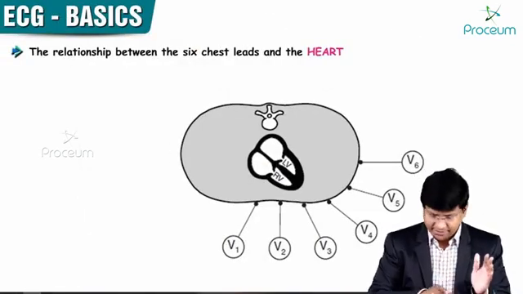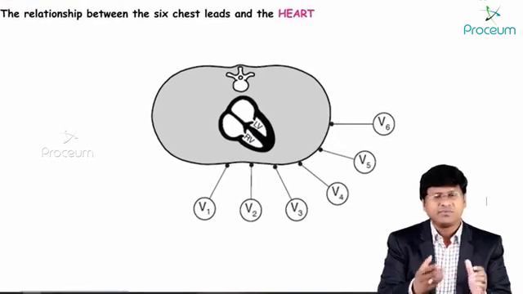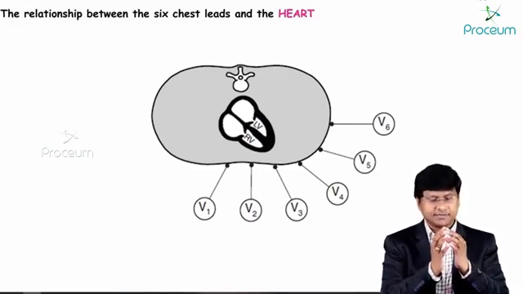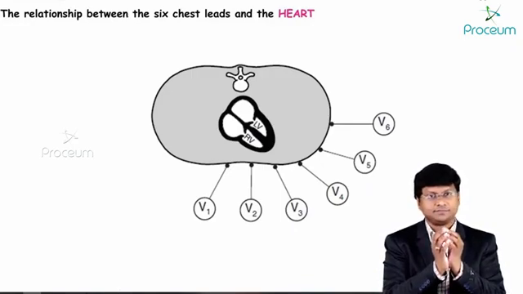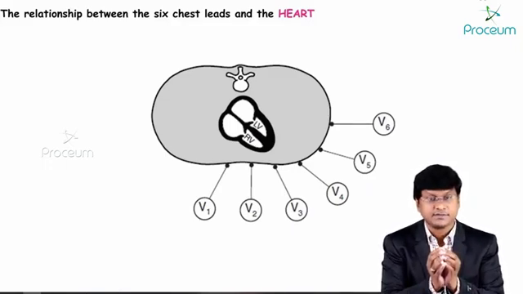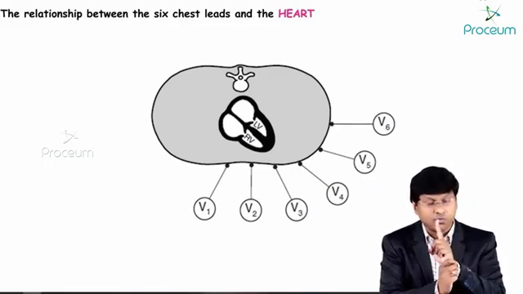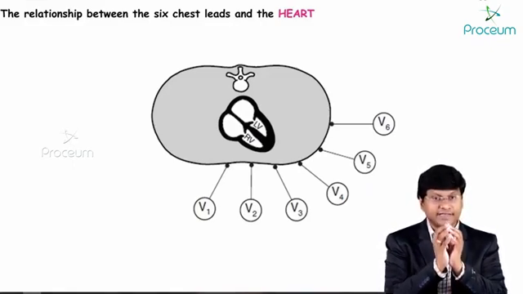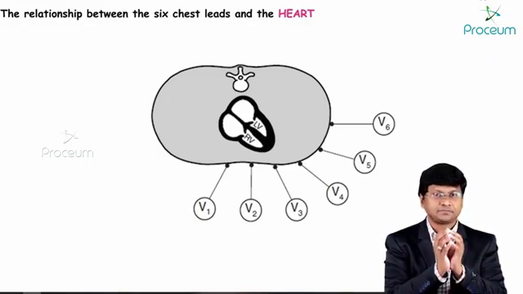First of all, you should understand why we are using 12 leads for measuring the electrical activity of the heart. Because the heart is a 3-dimensional structure, and one electrode or one lead cannot measure the potential difference of the entire heart.